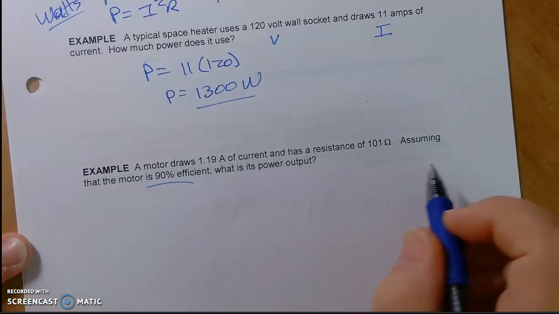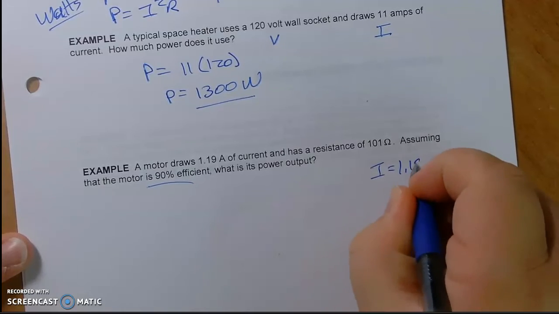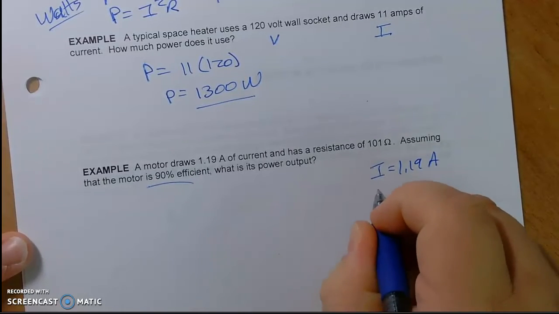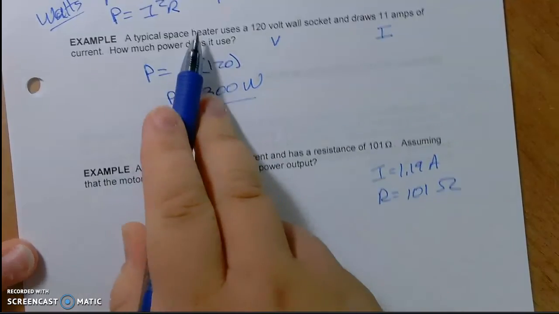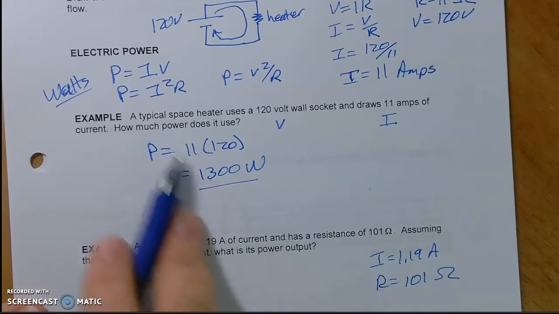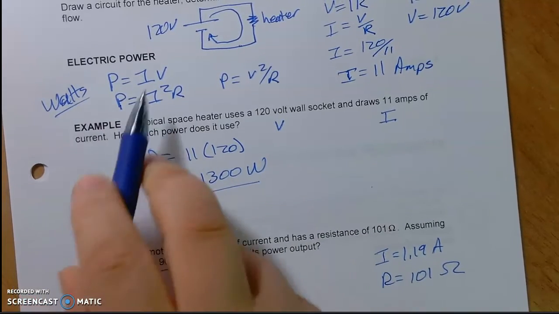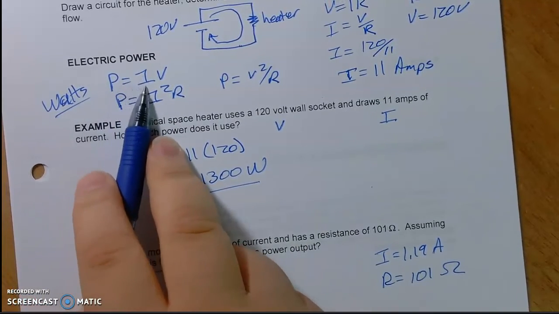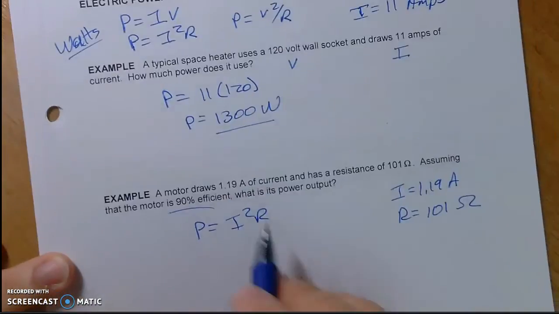So we want to do power. Let's see what we have here. We have I is 1.19. We have resistance of 101. So if we look back up here, I and R, that's this one. We can use I squared R. Now we can use P equals IV, but we would just need to calculate V using Ohm's law.